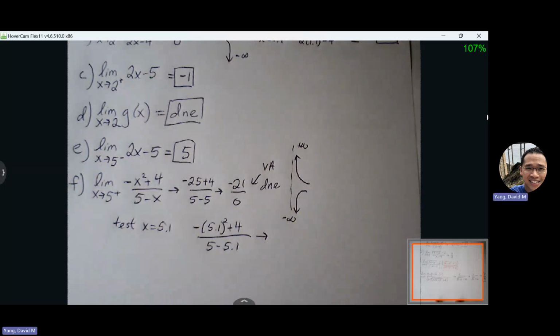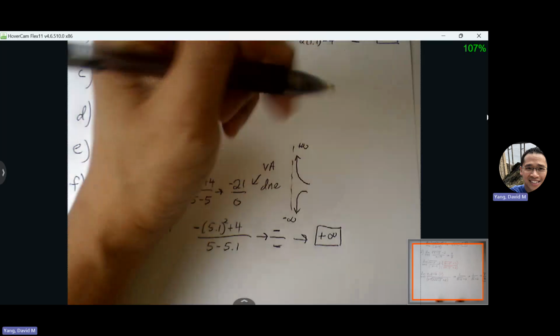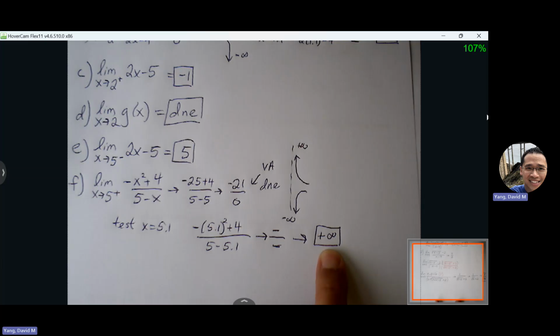All right, so numerator, we would get what? Negative. As we head towards the asymptote, the graph is going to shoot up towards positive infinity.